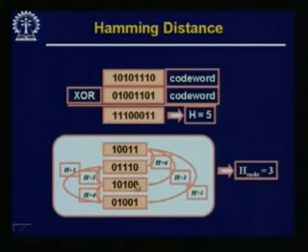Let us see, this differs in one position, two positions, these are the same, third position, this is again the same. So, this differs in 3 positions. Similarly, other pairs have H equal to 3. So, in this set as a whole, the minimum Hamming distance between two code words is actually 3. We take the minimum of all these H values, and this comes out to be 3. So, for this set of code words the Hamming distance is 3.